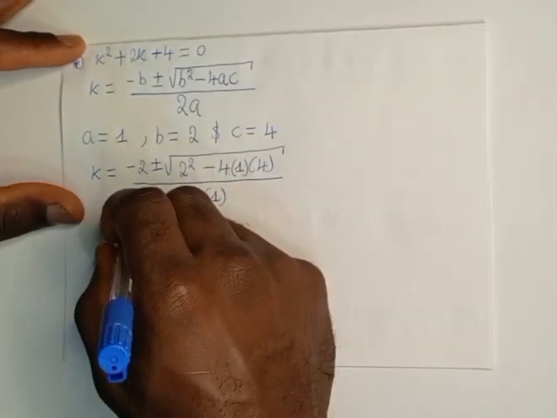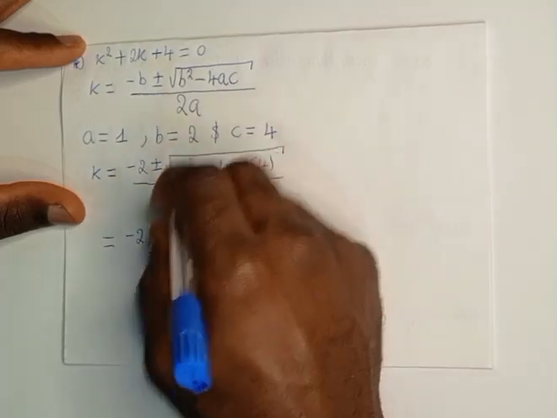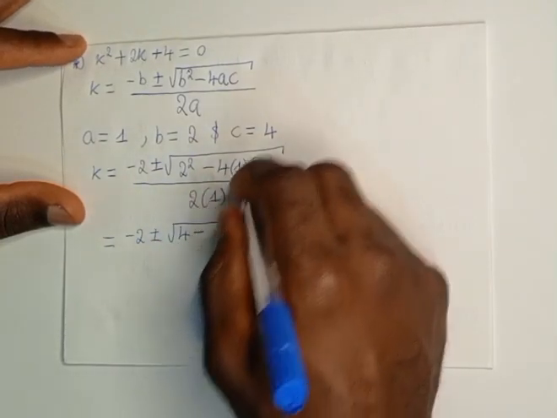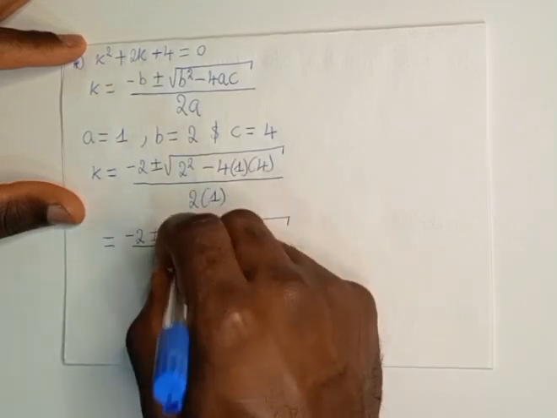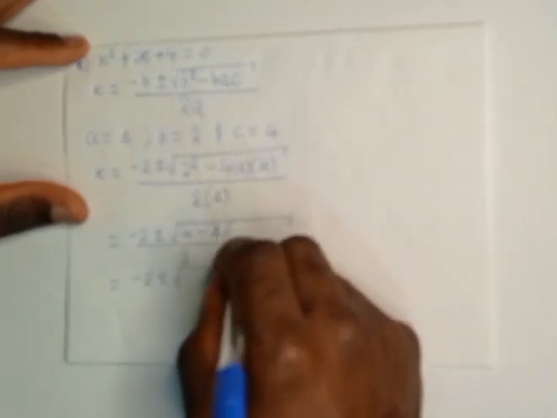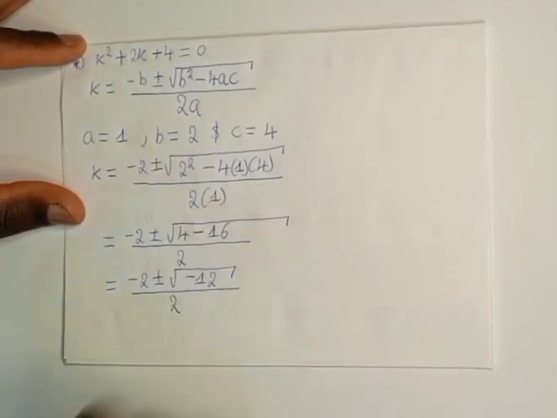This will be equal to negative 2 plus or minus the square root of 2 squared gives us 4, minus 4 times 1 gives 4, times 4 gives us 16. We divide by 2 times 1, which is 2. This will simply be equal to negative 2 plus or minus the square root of 4 minus 16 gives us negative 12. We divide by 2.